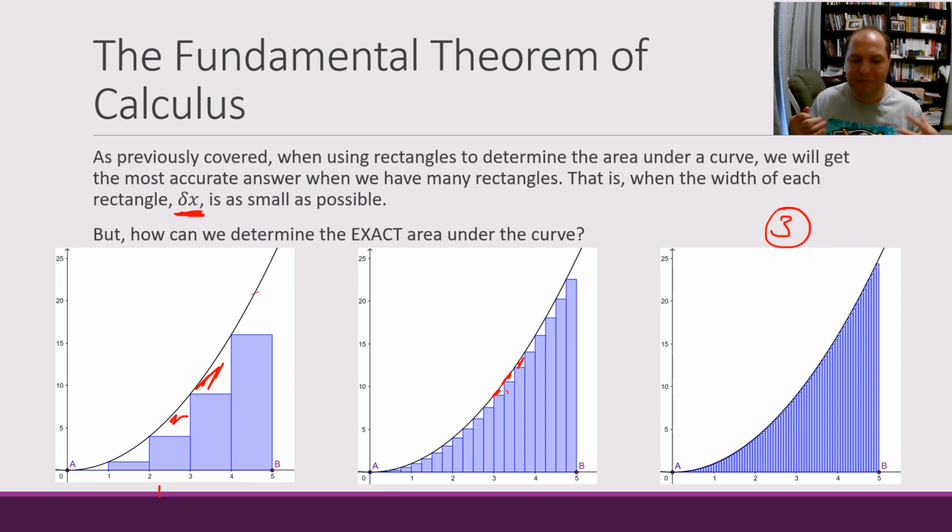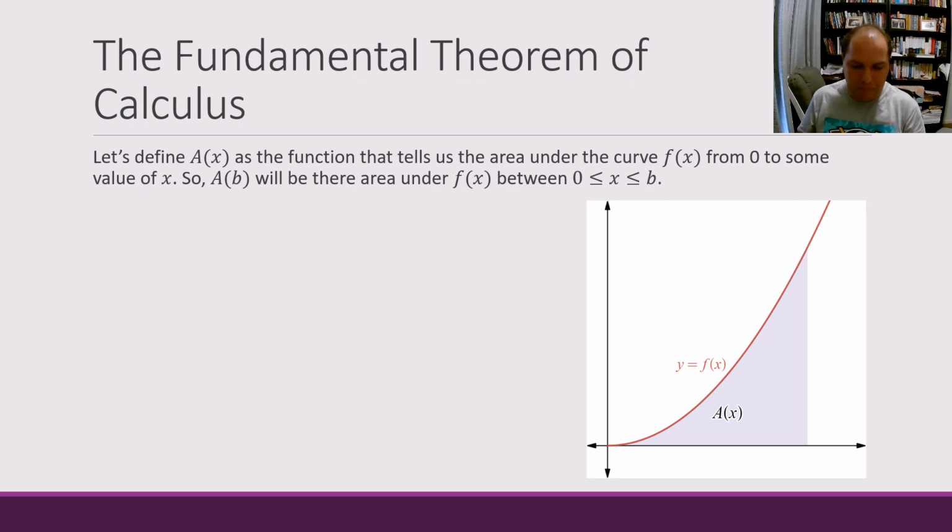So the question then comes, how can we work out the exact area under a curve? By making the width of each rectangle as small as possible. So what we're going to do is consider some function, A of x, that tells us the area under the curve from 0 to some value of x.